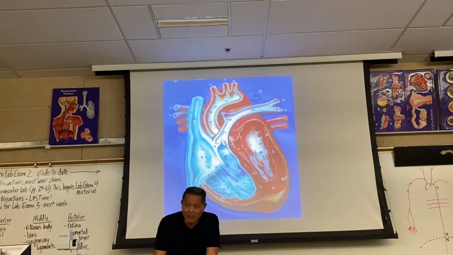Axillary is armpit. Brachial is arm. Radial is lateral forearm. Ulnar is medial forearm. Radius goes to the thumb, right? And then palmar is the palm. Everybody got those?